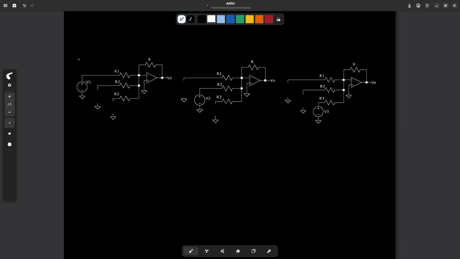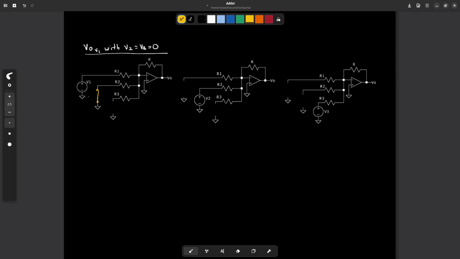Okay, so in this case I'm going to use this first circuit to calculate V0 due to V1 with V2 and V3 nullified. Okay, to nullify a voltage source means to make the voltage zero, which means to short circuit it. So to nullify V2, I substitute the original source with a short circuit.